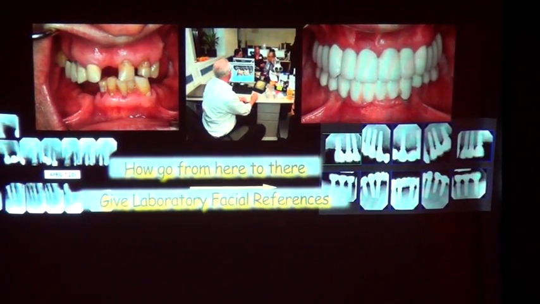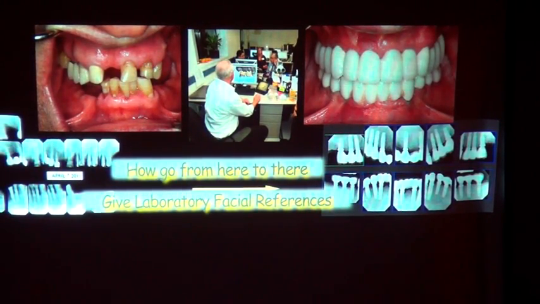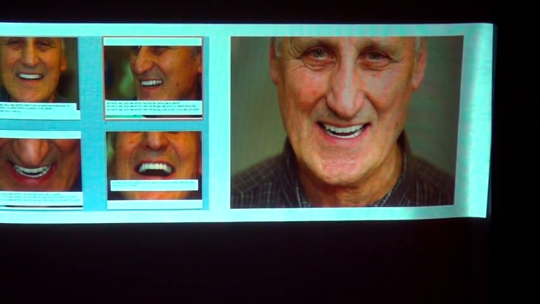So when you communicate, an orthodontist, for example, basically sends you a facial reference as well as a dental reference. And the facial reference tells you how the teeth are with the lips.